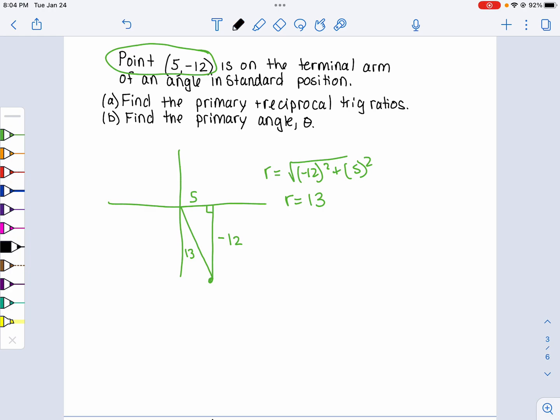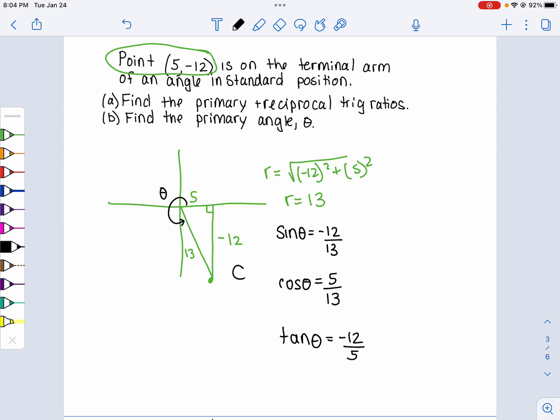Okay, so I want to find my primary and reciprocal trig ratios. So I would just write, that's theta, so sine theta equals y over r, or opposite over hypotenuse, so negative 12 over 13. Cos theta equals 5 over 13, and tan theta equals negative 12 over 5.